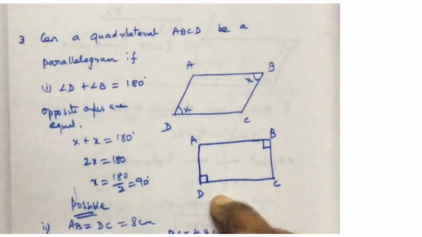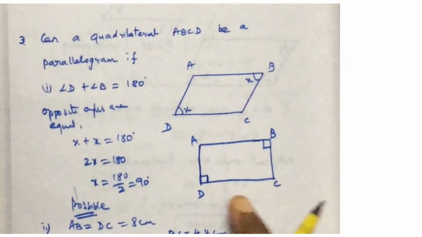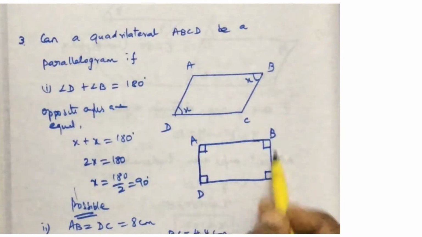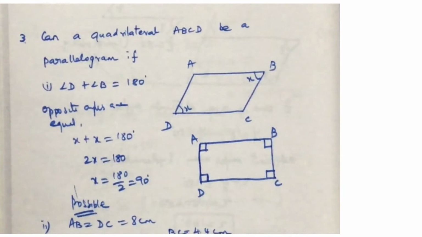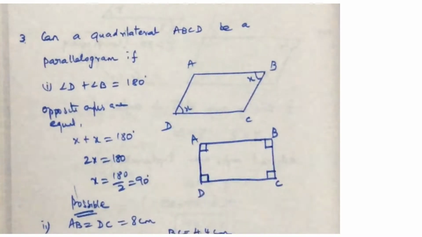You see, here the opposite sides may be equal, the opposite angles are equal. This is also 90 degrees, this is also 90 degrees. If you add the adjacent angles, that also gives 180 degrees. Based upon the sides, diagonals also bisect each other. So it is possible to be a parallelogram.